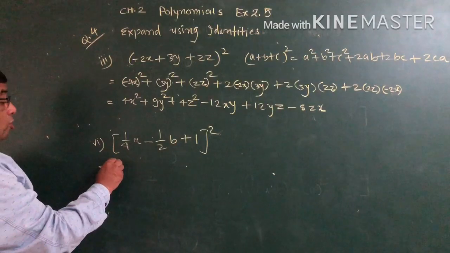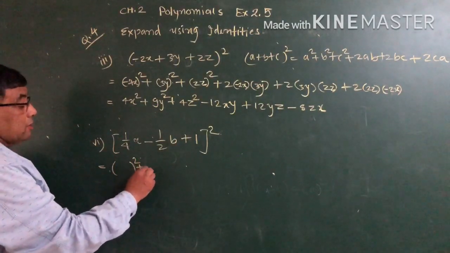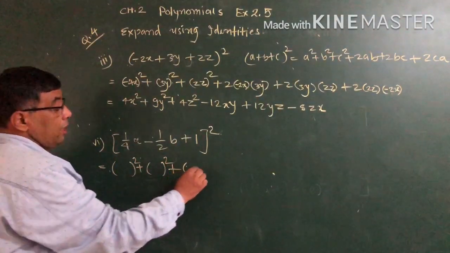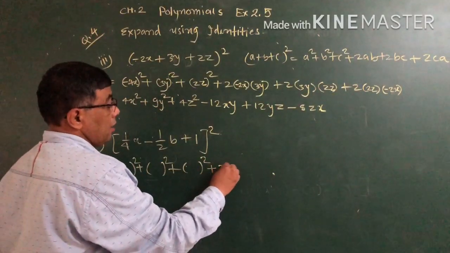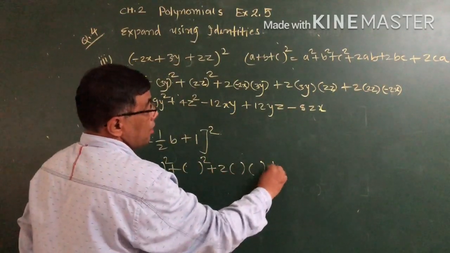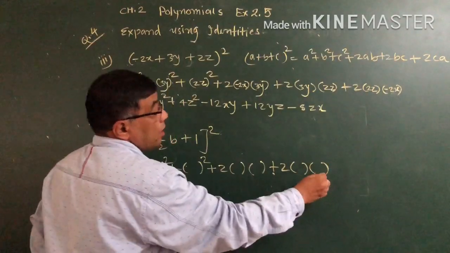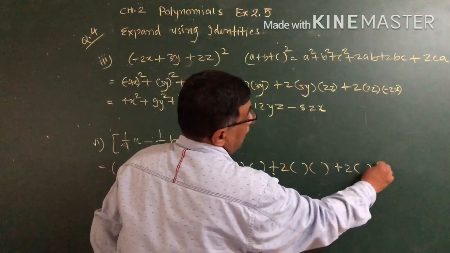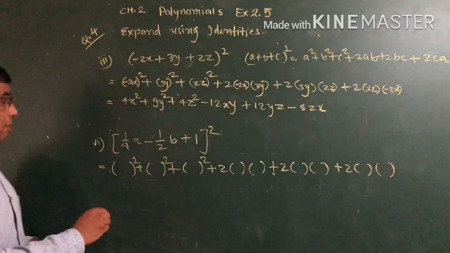Similarly, this one also we write first of all as a square plus b square plus c square plus 2ab plus 2bc and plus 2ca. We apply the values now.